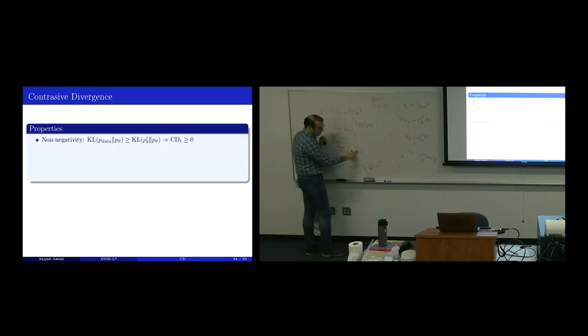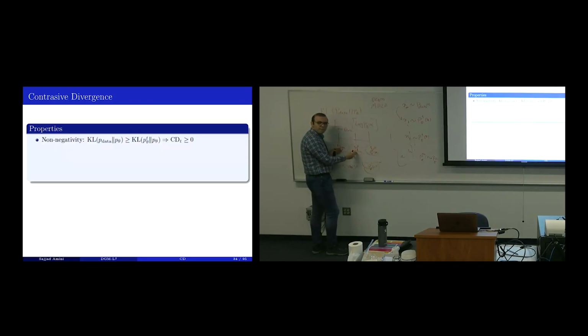Then I measure the distance between p theta 1 and p data, and then I take another iteration. The 1 million data points are transferred to a new distribution p theta 2 of x. The KL between these two distributions is higher than between those two.